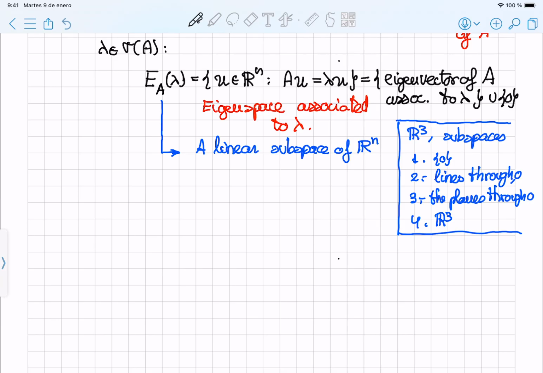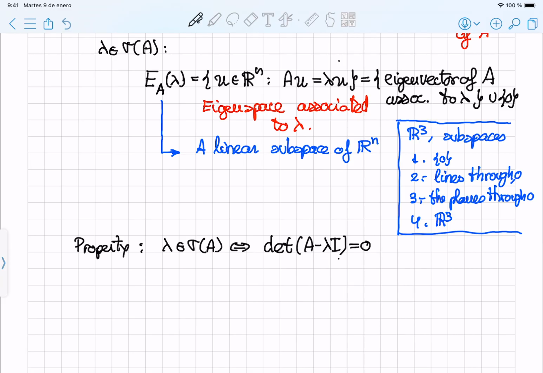In order to compute the eigenvalues, we have the following property, which is in fact a theorem, that says that lambda is an eigenvalue, so lambda belongs to the spectrum, if and only if the determinant of the matrix minus lambda times identity equals 0.